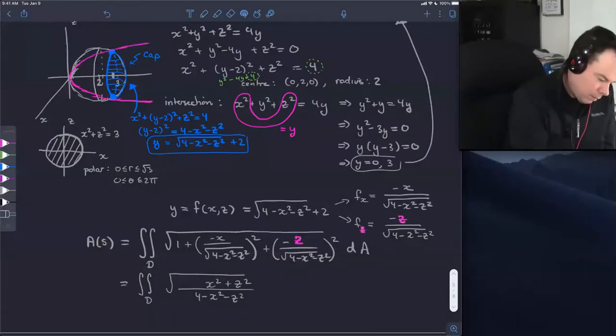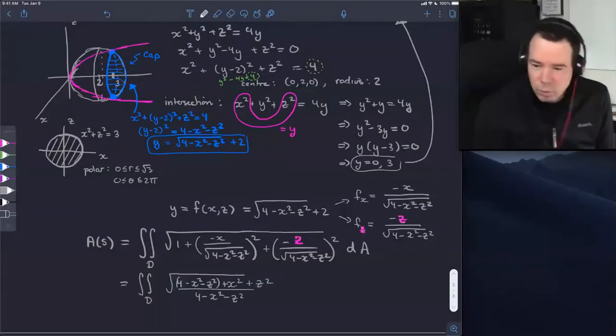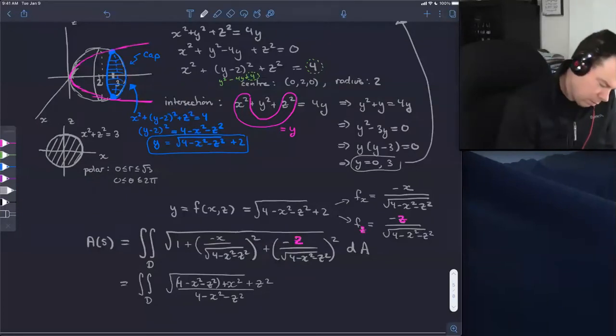And then I'm going to put the 1 over that same common denominator as well. So that's squaring both of those pieces, realizing the common denominator is 4 minus x squared minus z squared. Putting everything over that common denominator, a whole bunch of cancellations happen.